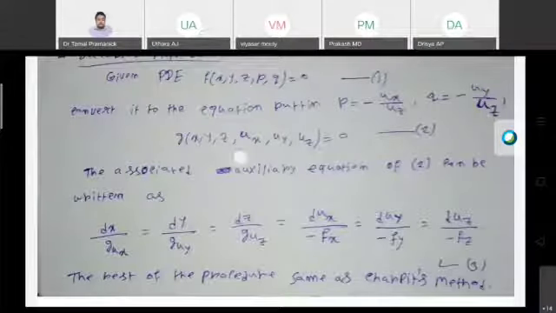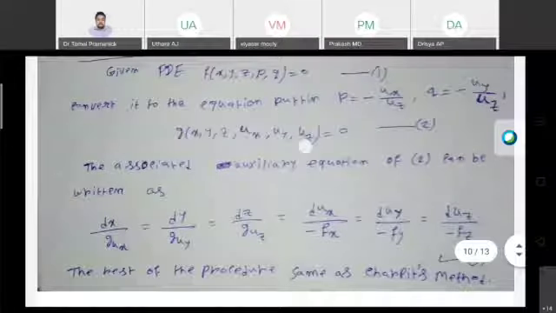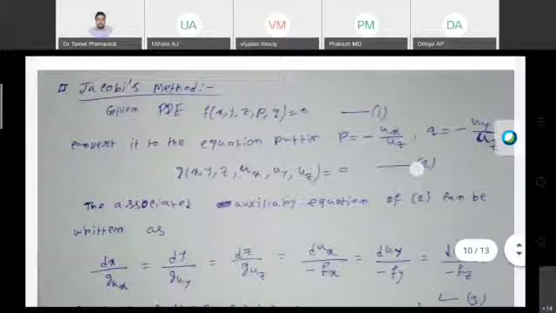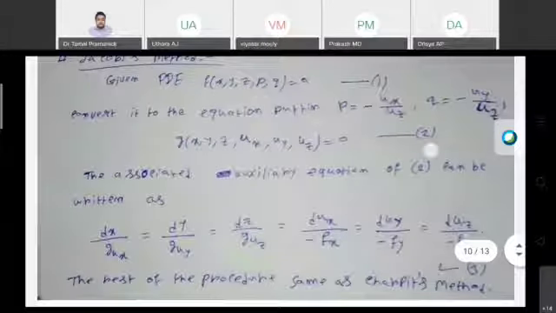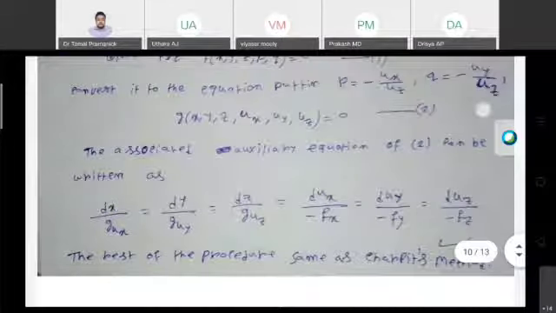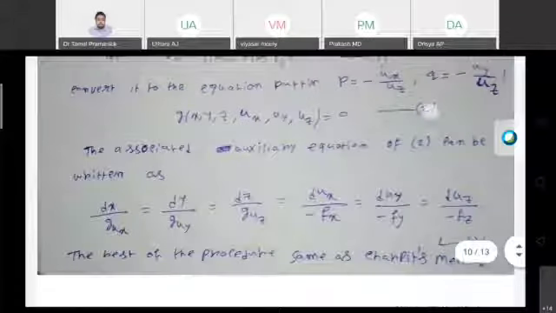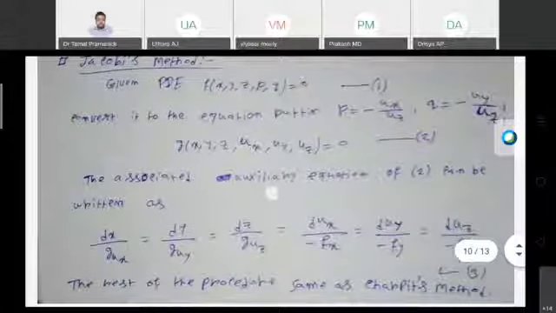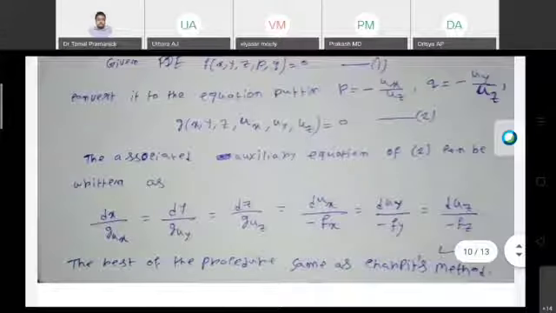So how to convert this? That is very easy. In place of p, you put minus ux by uz, and in place of q, you put minus uy by uz. So after putting that, it will get converted to an equation in x, y, z, u.